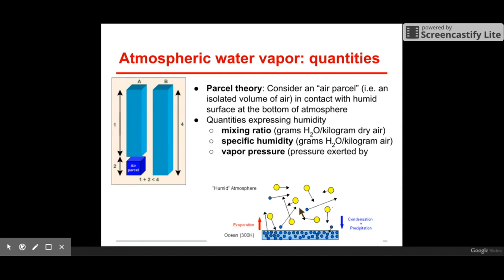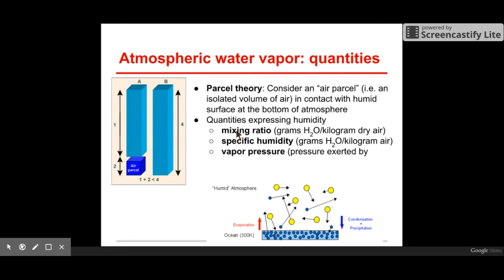Now recall that the total pressure represents the force that these molecules exert when they collide with the surface of the Earth. The vapor pressure is the total pressure exerted by only the water vapor molecules. That value again is typically about 1/1000th of the total pressure of the atmosphere.